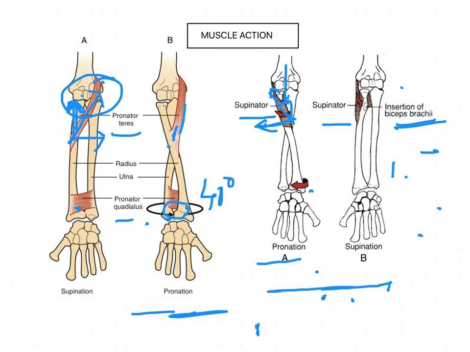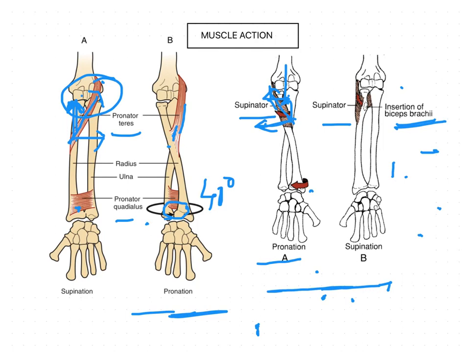This is the action line, and if you resolve this into forces, it also produces a maximum rotatory force rather than translatory force, which helps in supination. If you consider this force also, it has maximum supination torque rather than elbow flexion. So these are the things happening in the case of the supinator.